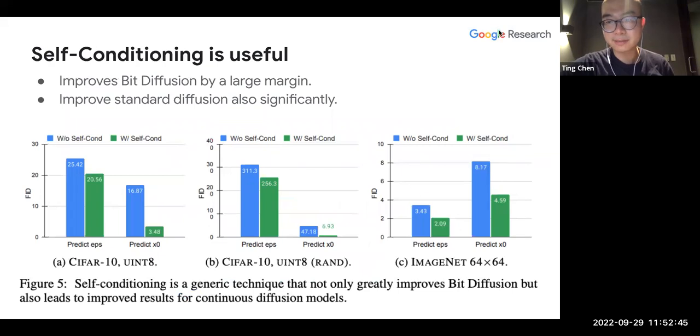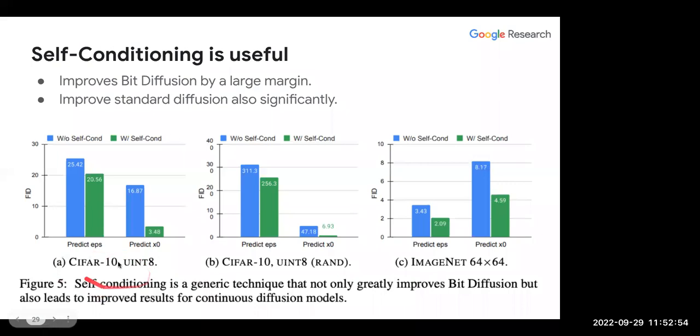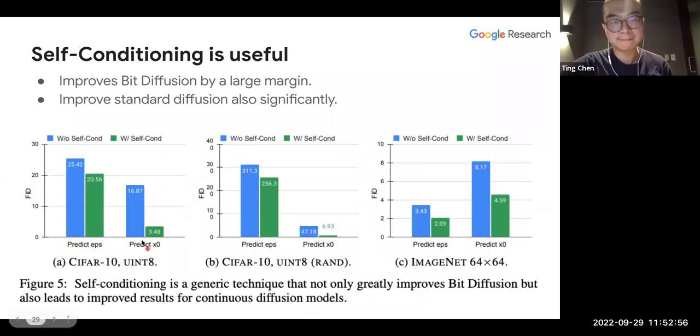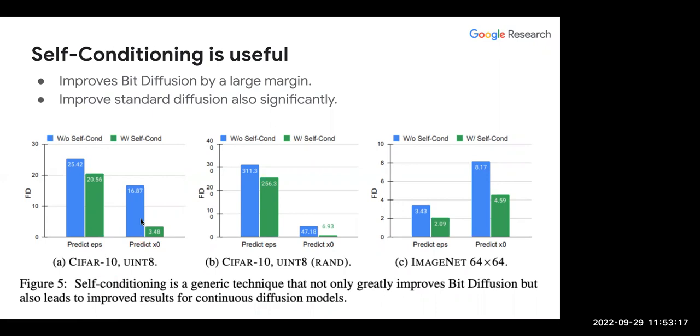Here you can see that with continuous data, predicting epsilon is better than predicting X. But if we go to discrete bit diffusion, actually predicting the data X0 is significantly better than epsilon. It is still a bit mysterious, but I would just consider it as a hyperparameter. Practically, you might want to play with it to see which is better. I see. Thank you so much.